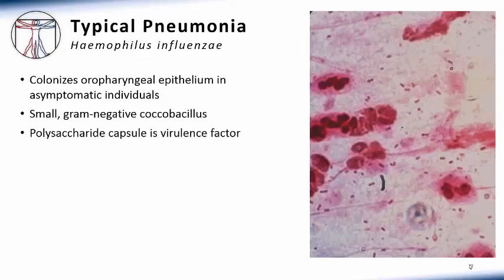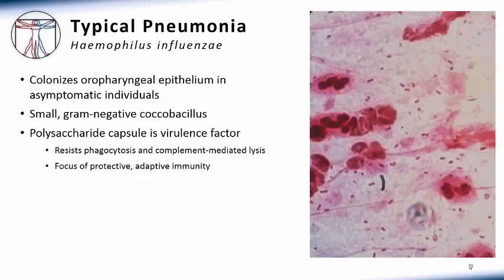Again, similar to Streptococcus pneumoniae, Haemophilus influenzae is often encapsulated, and this capsule can be a virulence factor. It prevents phagocytosis as well as lysis by complement. It is also the focus of the protective adaptive immunity, in that antibodies and other cellular features of immunity are directed against this capsule and can protect the host from reinfection.